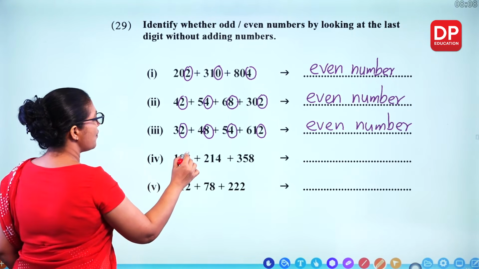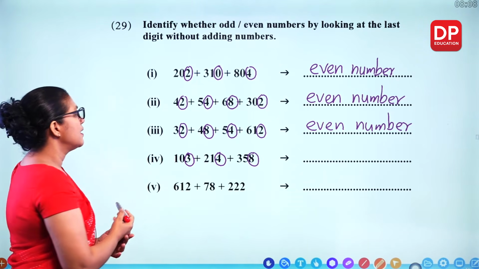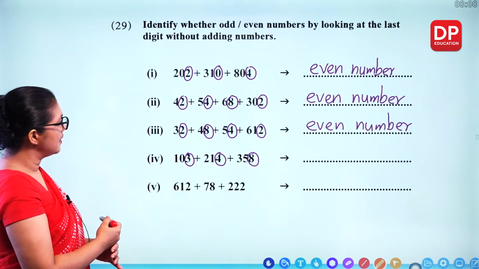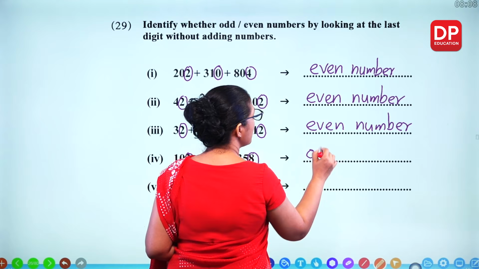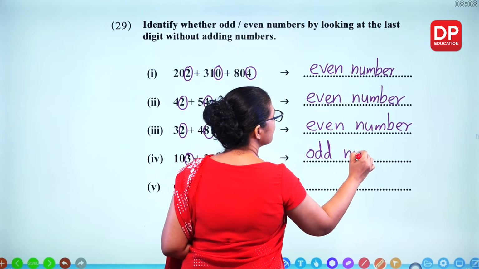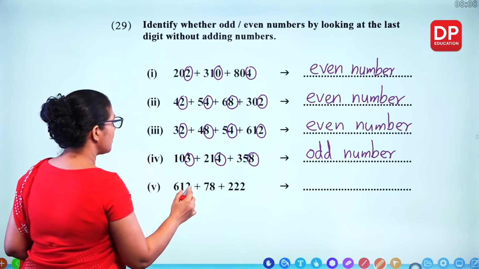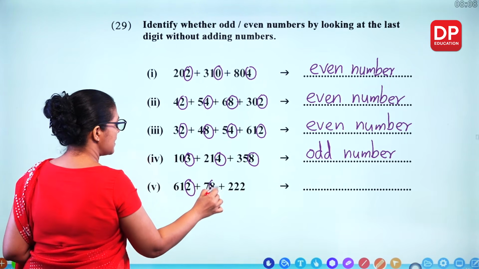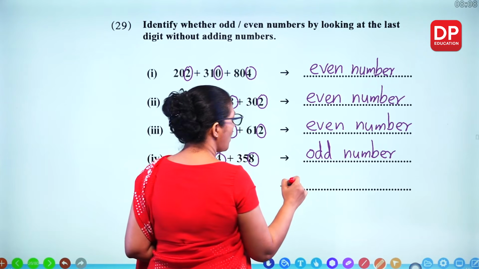Then 3 plus 4, 7. 7 plus 8, you get 15. That's an odd number. This one, 2 plus 8, 10. 10 plus 2, 12.